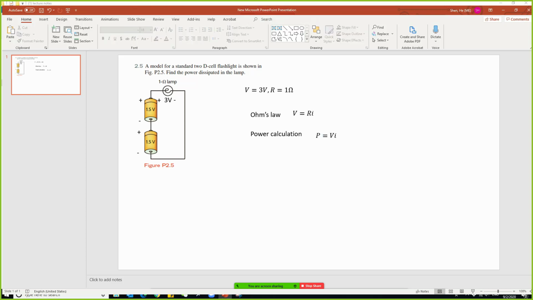By combining the two, we can find the power calculation for resistors. If we replace the current I using Ohm's law, I equals V over R, it becomes V squared over R, right? That gives us 3 squared over 1, so that will be 9 watts.